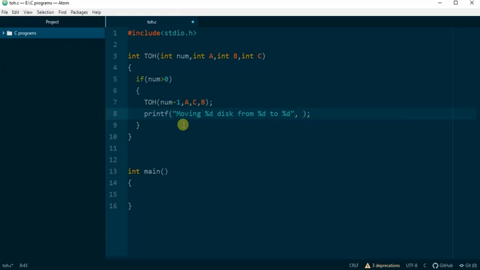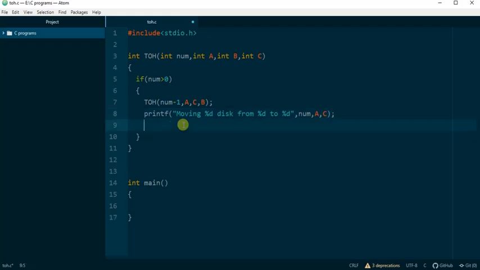The first thing I'm going to mention is num, the number of disks, and then A, then B, sorry, C. So we can get the source and destination like that.